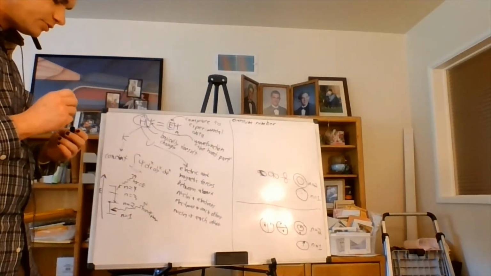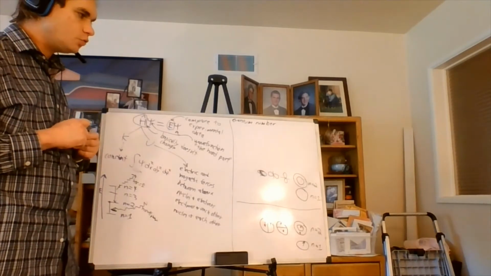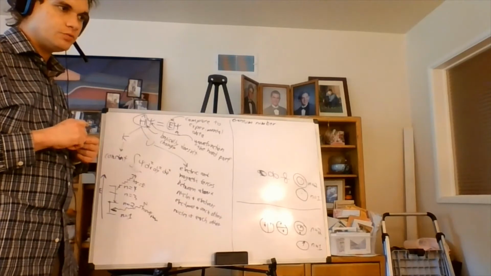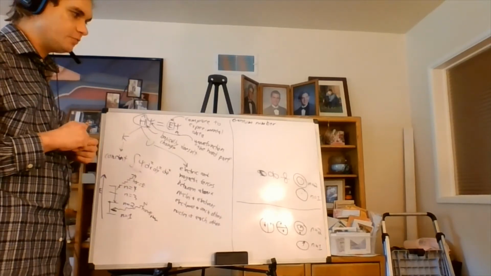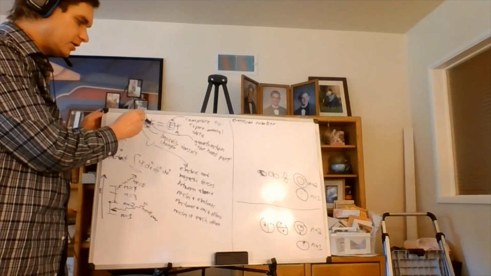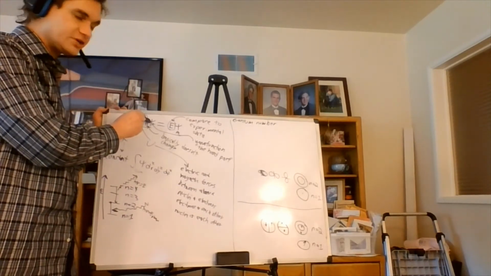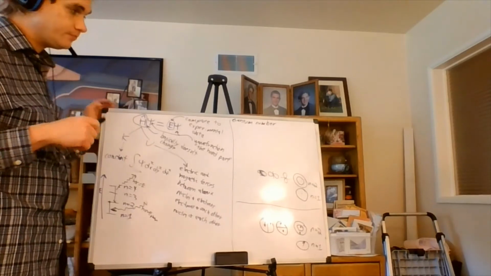The quantum numbers basically tell us what type of orbital we are looking at when we try to calculate what the wave function for one or more electrons in that orbital should be.